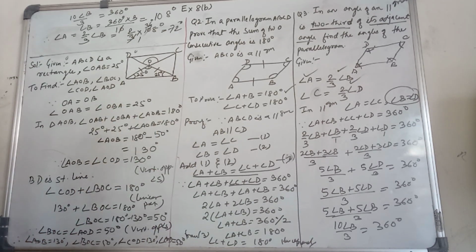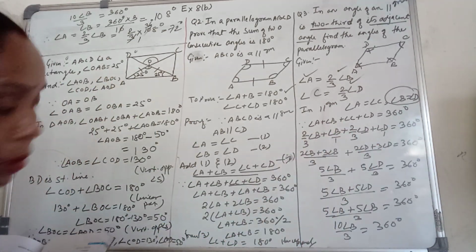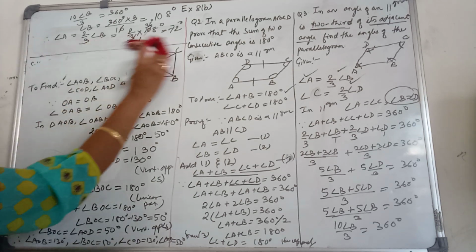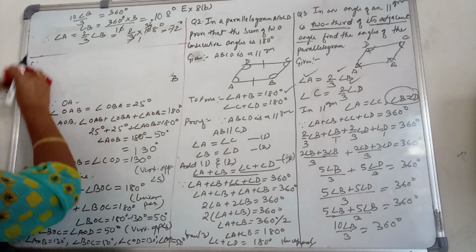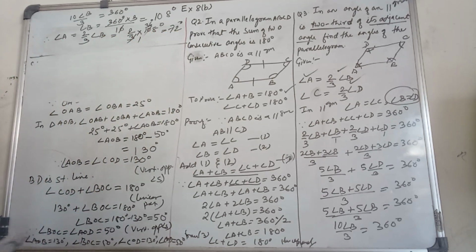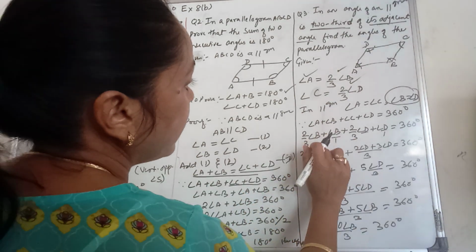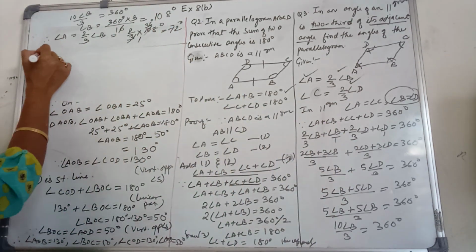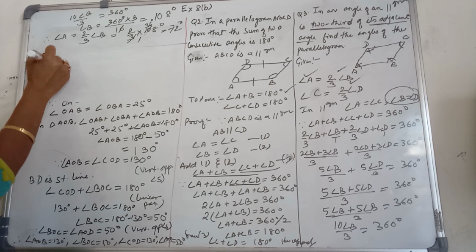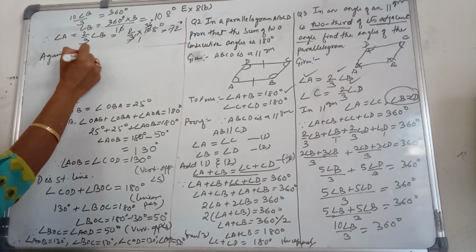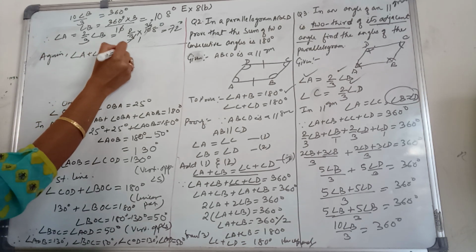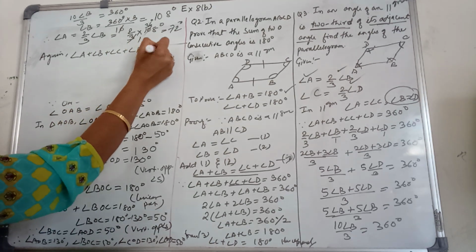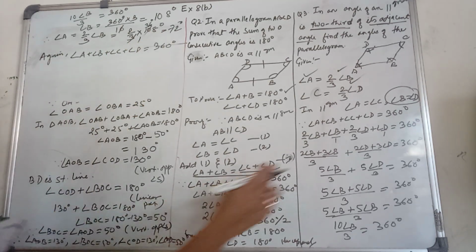Now angle C and angle D, in the same way you have to use this one. Now again you use here this part, angle A plus angle B plus angle C plus angle D is equal to 360 degree. We are doing again this part.